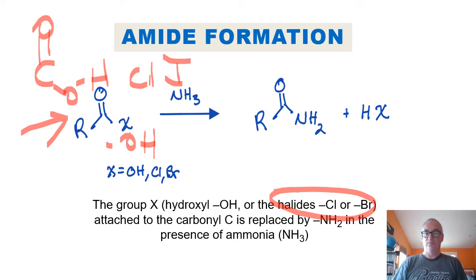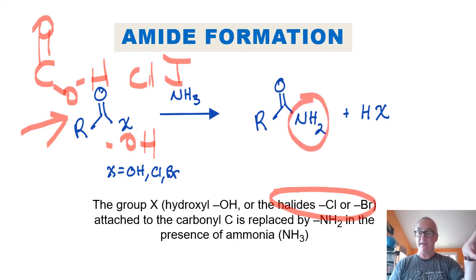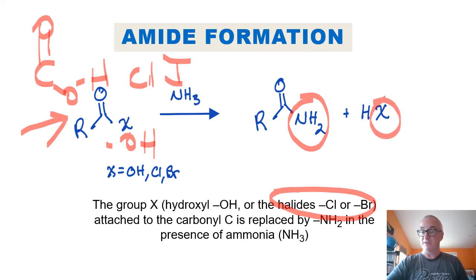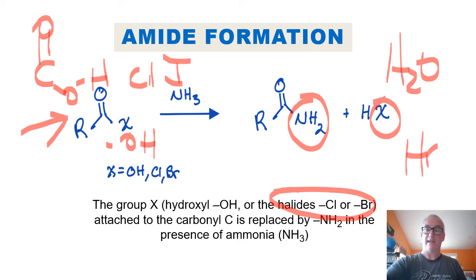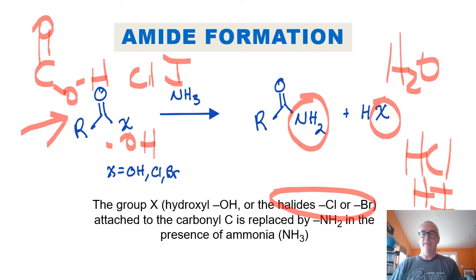And then when it does that, NH2 gets attached to the rest of the long chain carbon, and one of the hydrogens goes along with whatever it displaced. So if it was an acid, it would form water. If it was one of the halides, it would form HCl or HI or something like that. So that would be the formation of an amide.